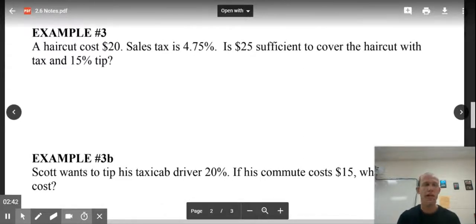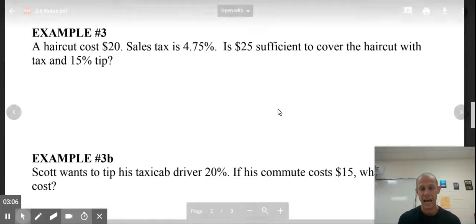This problem says a haircut costs $20. The sales tax is 4.75%. Is $25 sufficient to cover the haircut with tax and 15% tip? Before we do this problem, I just need to talk about the order of things. When you get a bill, you will get that bill with the tax included on there.